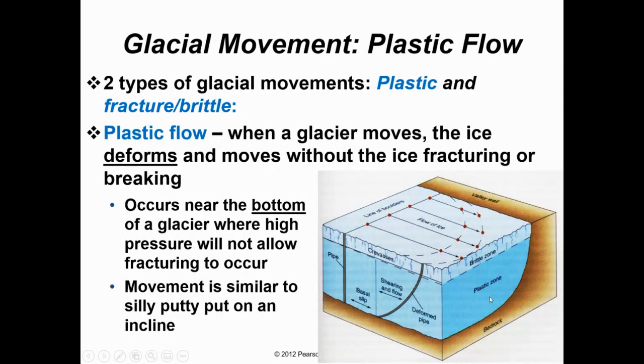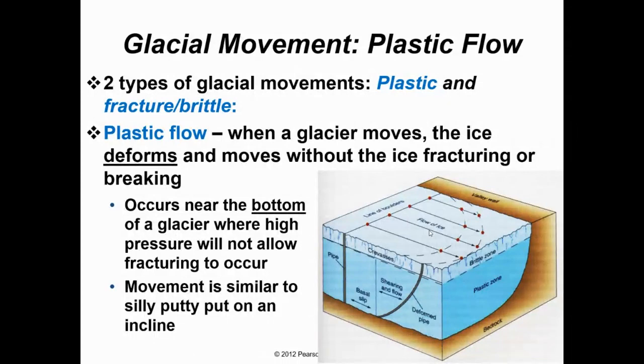This is a zone where the ice is under pressure because there's a lot of weight above it. All the ice on top and all the snow and debris adds a pretty good amount of pressure because of the weight. And when things are pressurized, including rocks, we know that they can deform. They can deform plastically.